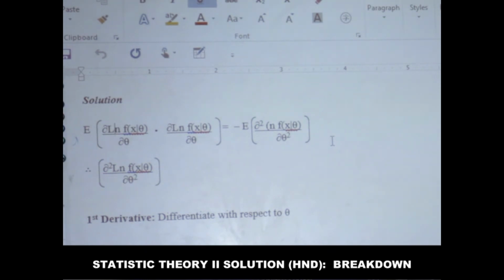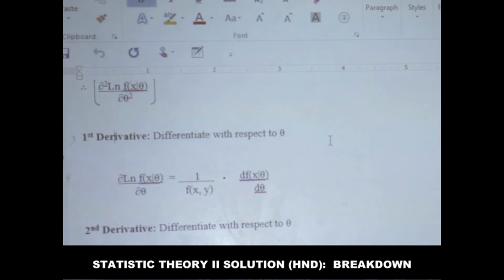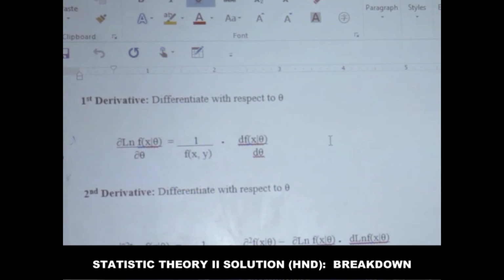Now from here we have the differential of ln f(x, theta) over the differential of theta raised to power 2. Now the first derivative, we have to differentiate it with respect to theta.